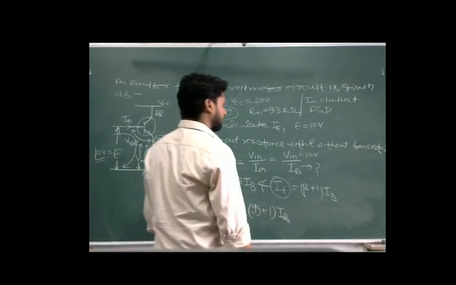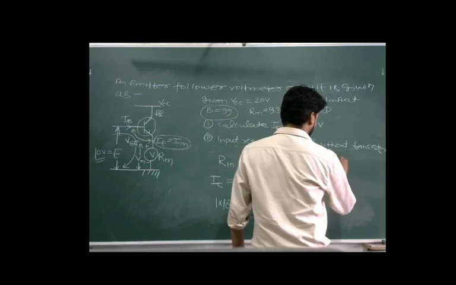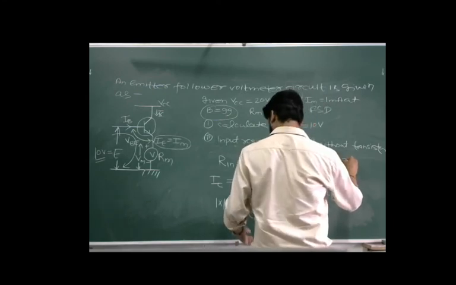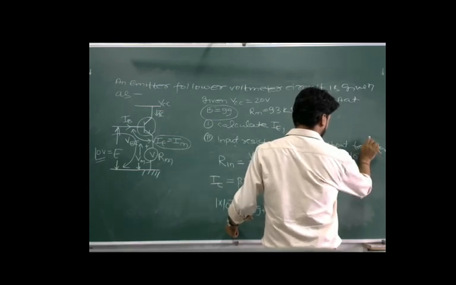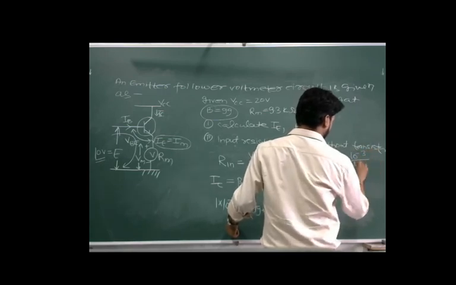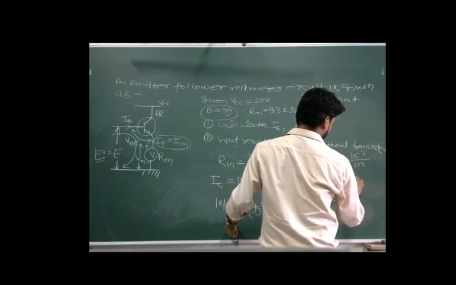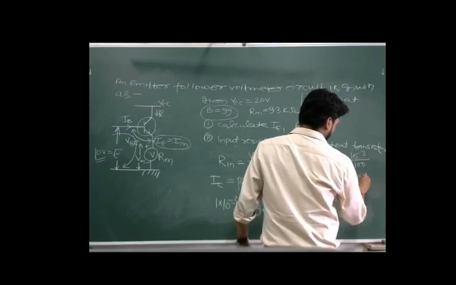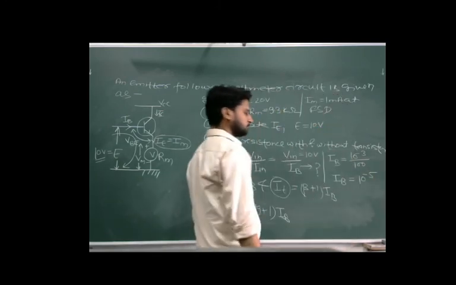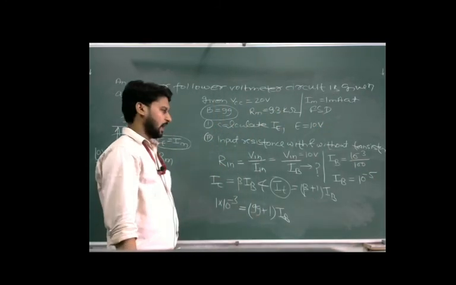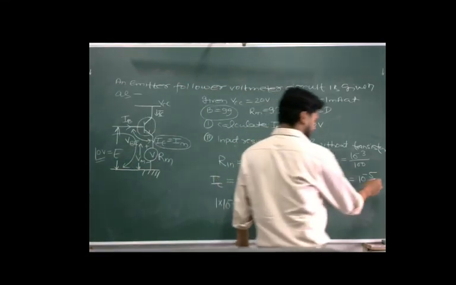So the value of IB is 10 power minus 3 by 100, means IB is 10 power minus 5 ampere.